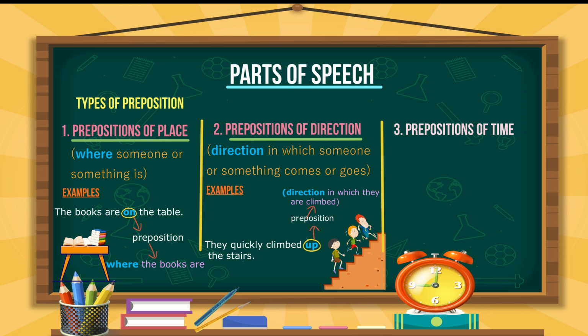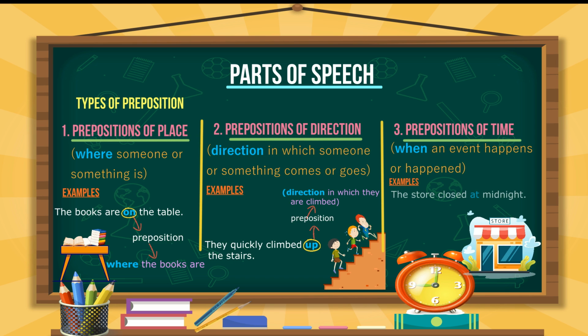Sometimes the prepositions indicate when an event happens or happened. Such prepositions are called prepositions of time. For example, the store closed at midnight. Here, the preposition at indicates when an event happens.